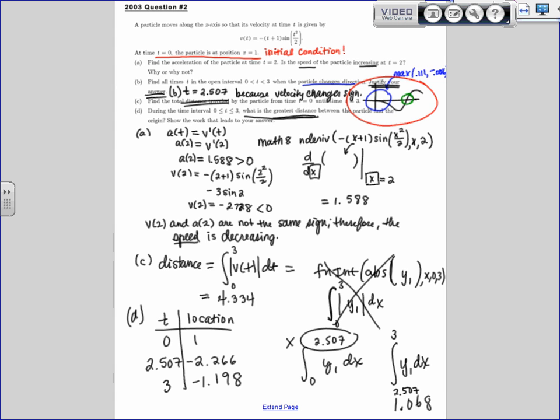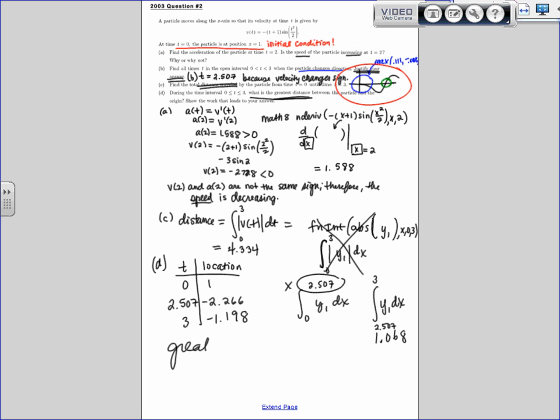So your greatest distance equals 2.266 units away. Does that kind of make sense? You want to look at those various important values and decide. Now, personally, I think you get to the point where you can see it and think of it as an area, but you do have to consider that initial position that you started at, 1. So it's nice to show all of these different steps.